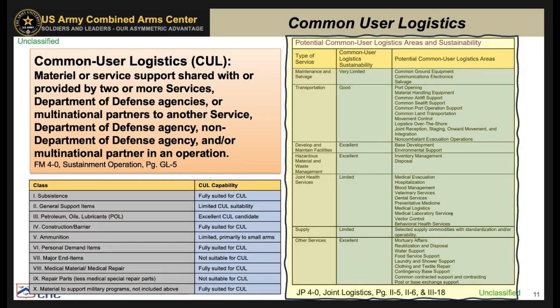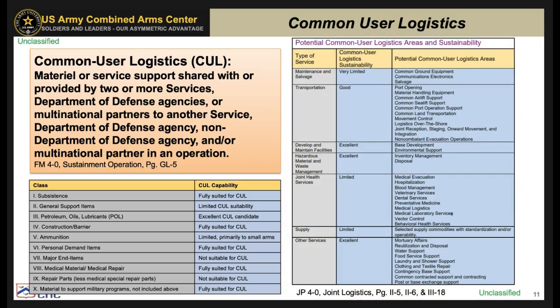JP 4-0, Joint Logistics, further categorizes potential CUL areas into sustainability and service categories, illustrating the breadth of CUL application. So, services like the development and maintenance of facilities and hazardous material management are rated excellent for CUL, showing the high potential for shared support.